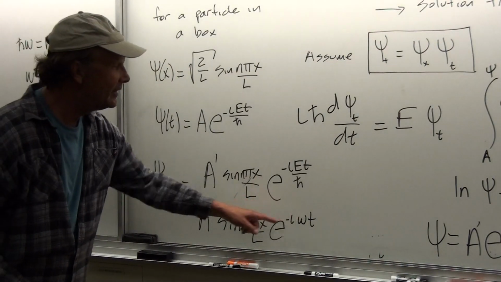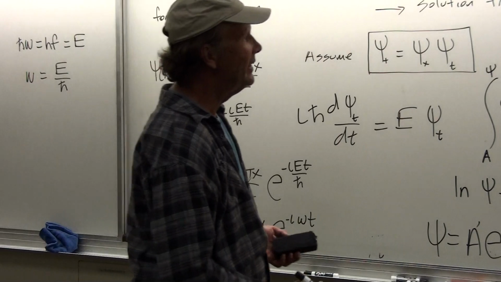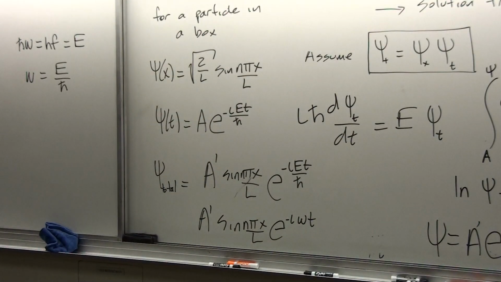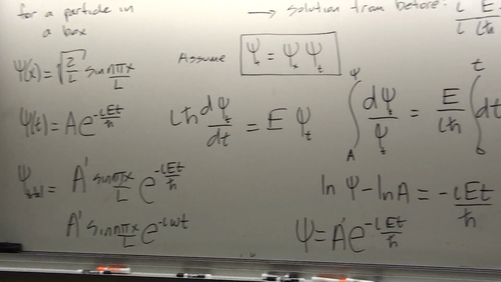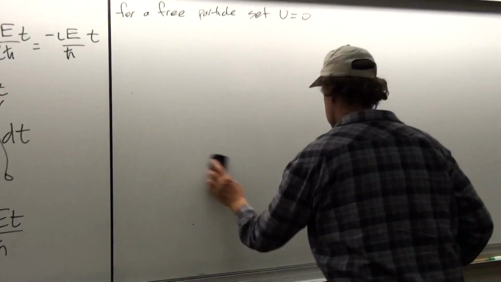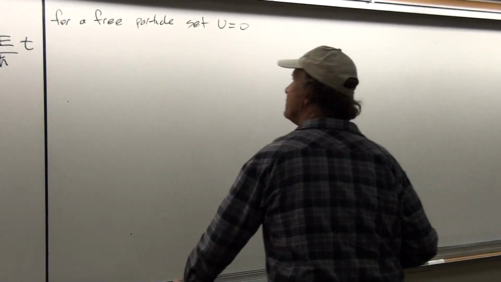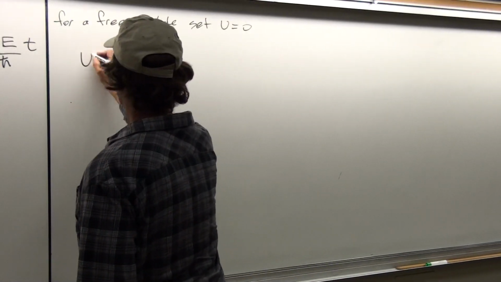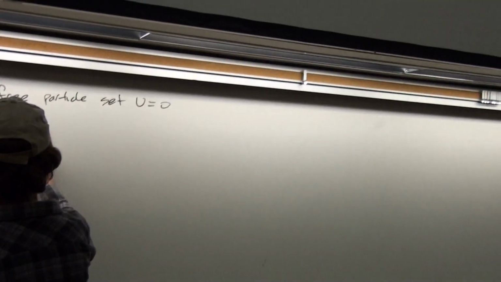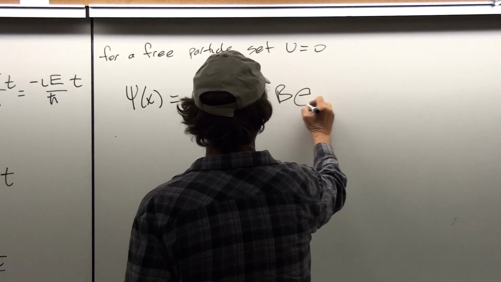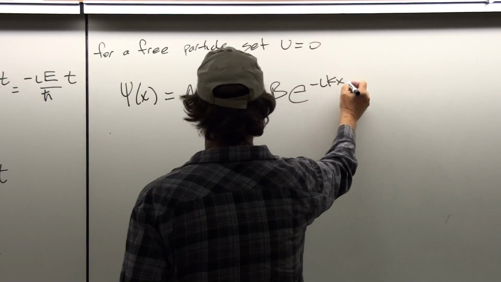And if you write it this way, then our solution for the free particle would look like this. We have psi of x, say, is equal to some a e to the i kx plus b e to the minus i kx.